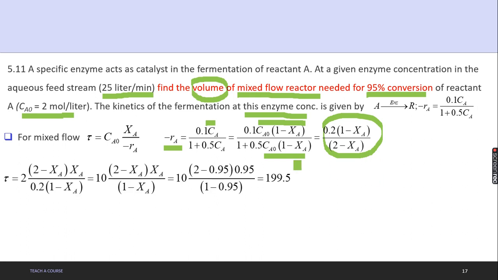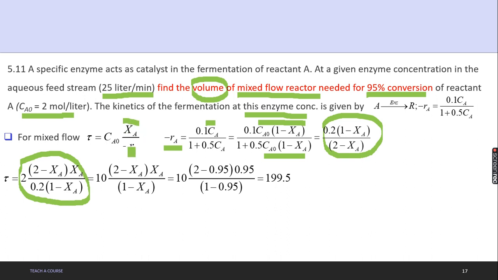So essentially tau is becoming CA0, which is 2, and this we already know, 0.2 into 1 minus XA over 2 minus XA. If we plug it back in our expression, you can see the tau is coming in terms of XA.